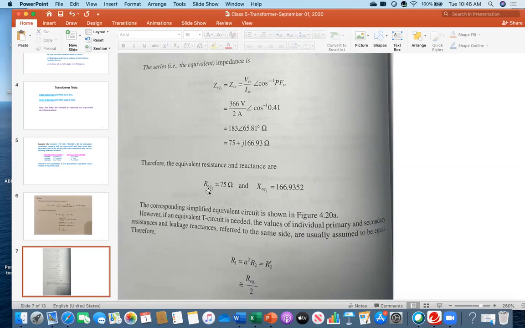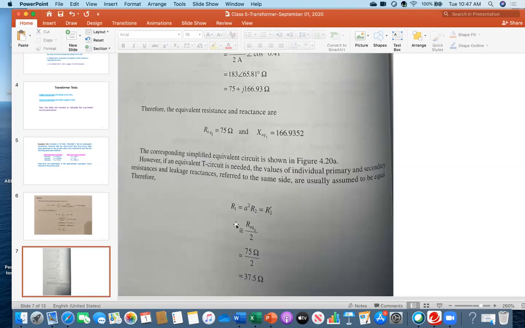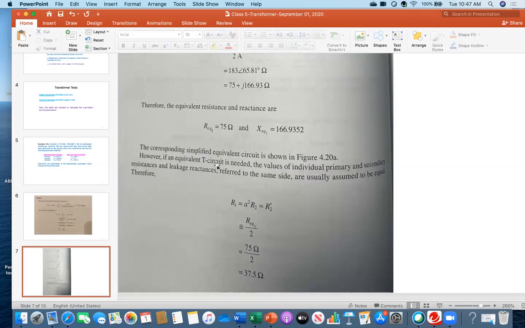But what is the R equivalent? As I was explaining, R equivalent was R1 plus a square R2. And then I said for a well-designed transformer, R1 equals a square R2, which is R equivalent over 2.